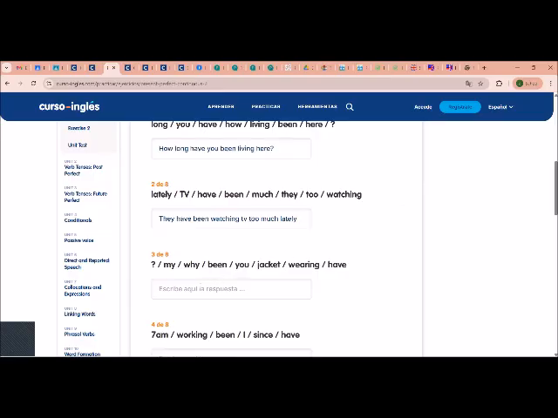All right, let's go with Jimena Merida. Yes. Why have you been wearing my jacket? Exactly. And she probably has been feeling very cold. So she stole your jacket. All right, and don't forget your question marks.